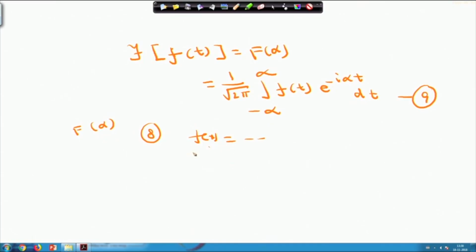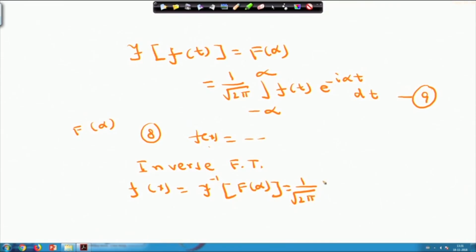So, equation 8 is known as the inverse Fourier transform of F(alpha), which we write as f(x) equals Fourier inverse of F(alpha), and this equals 1 by root 2 pi, minus infinity to infinity F(alpha) e^(iαx) dα.